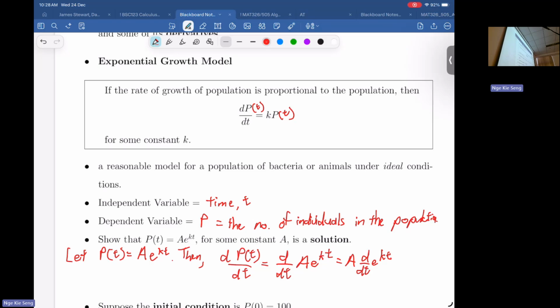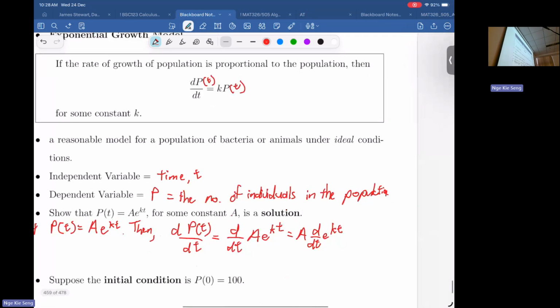K is another constant. So how do you differentiate here? Go back to your midterm material. How do you differentiate e to the kt? What rule do you use? Chain rule. Good. Shall I remind you? For example, let w equal kt and dw/dt equals k.